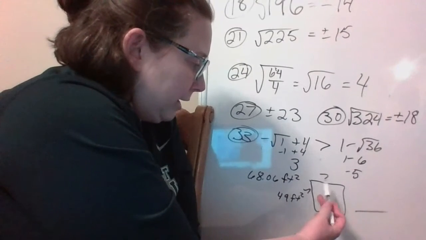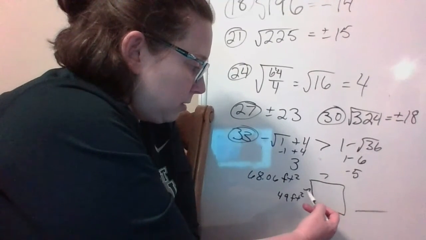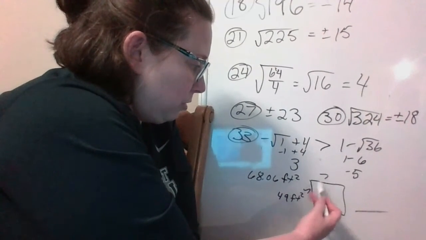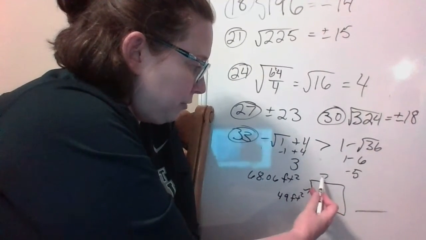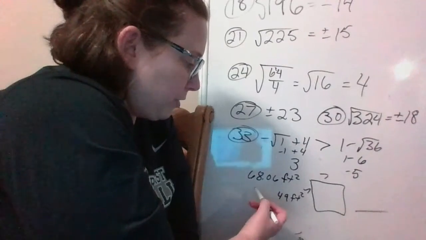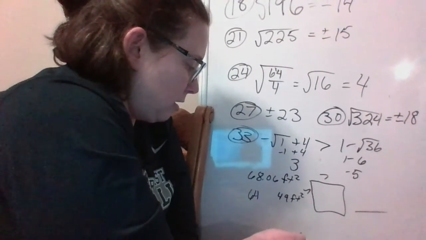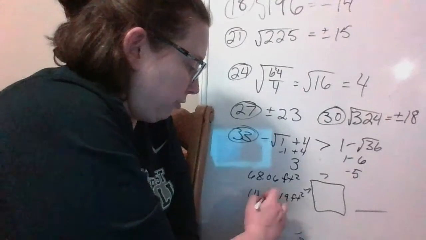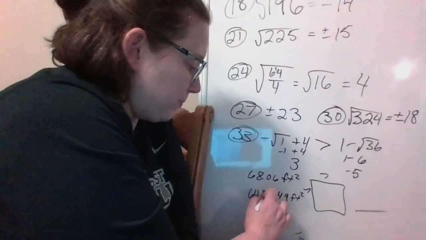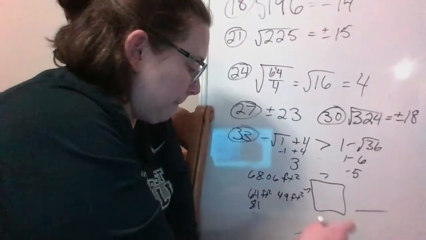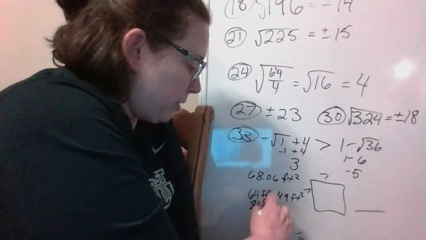If they were 8 feet each, that would be 64 feet squared. If they were 9 each, that would be 81 feet squared.